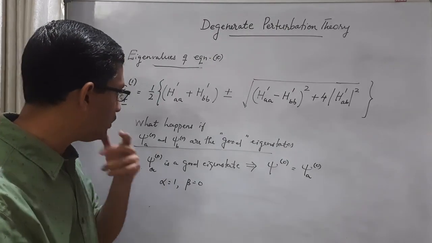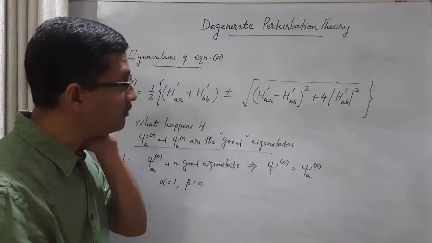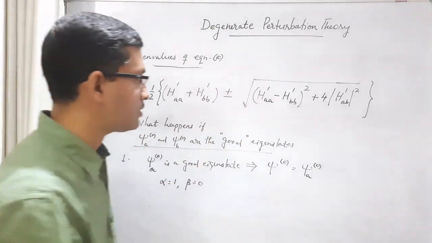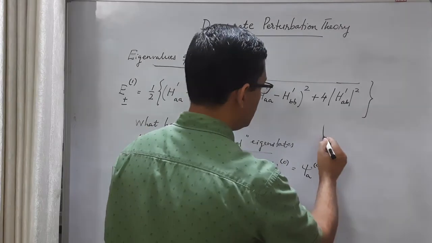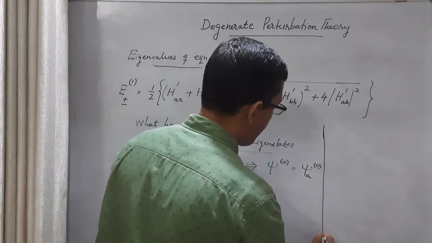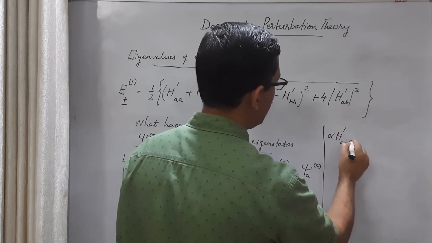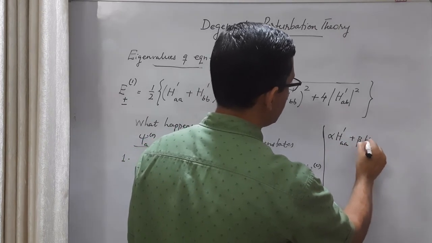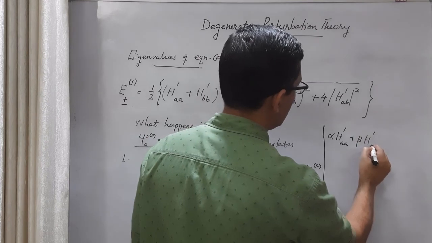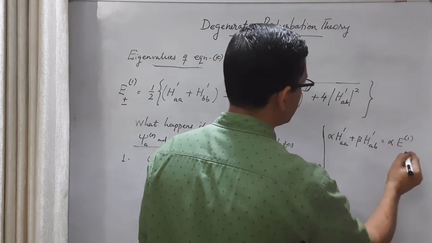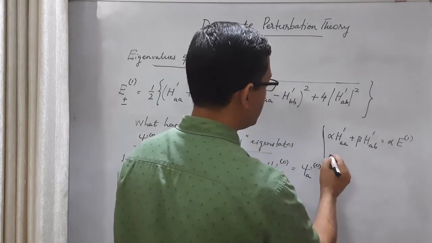Now when alpha equal to 1 and beta equal to 0, we have two linear equations in terms of alpha and beta. Let's see what they are. Alpha times h prime AA plus beta times h prime AB equal to alpha times E1, equation 8.